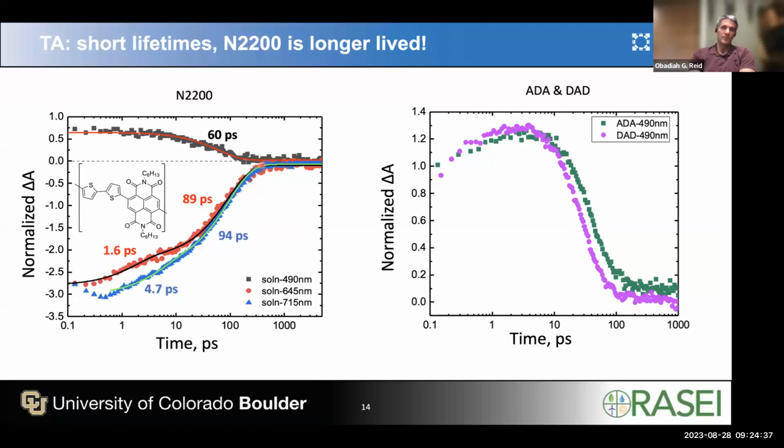What you see is that everything is going back to the ground state within about 100 picoseconds. You do the same thing with the ADA and the DAD, where here I'm looking at excited state absorption, and the same thing is happening: within about 100 picoseconds, everything is just returning to the ground state. Though, consistent with the difference in apparent PL quantum yield between the ADA and the DAD, the ADA has a slightly longer lifetime than the DAD does.